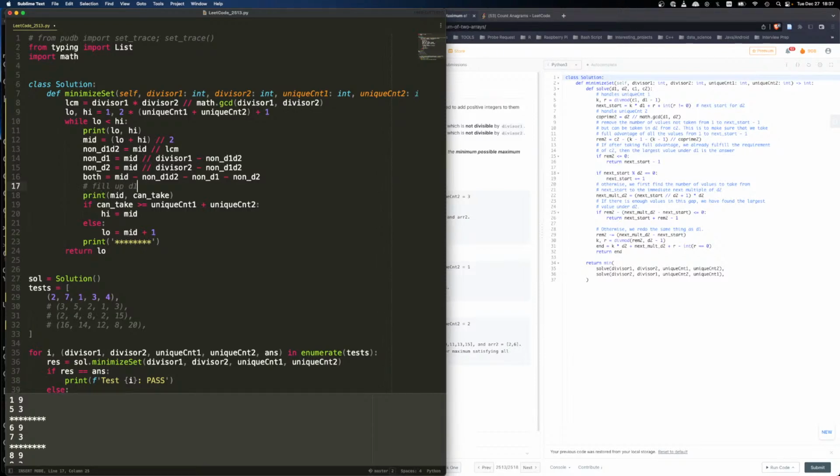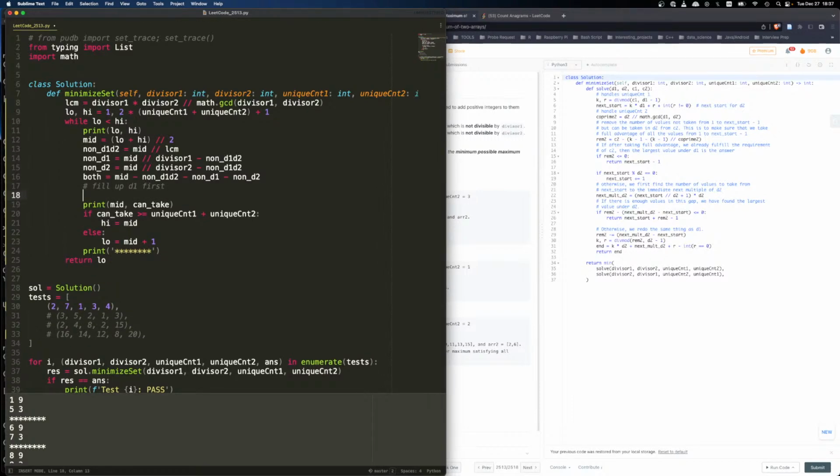We can say fill up d1 first, right? If I want to fill up d1 first, then what we need is none d2, so the things that cannot be fit in d2, right? So none d2, but I can use this for d1, and plus unique count this, right? Unique count.